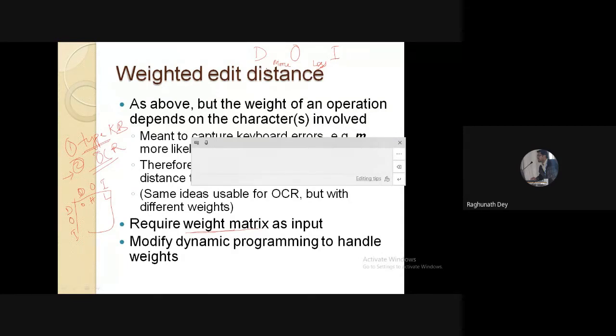It can be collected by running an OCR engine, which will tell you which particular letters are confusing. By the help of this you can build the same kind of matrix, but instead of keyboard distance, you maintain the difference or dissimilarity between two characters based on the OCR engine.